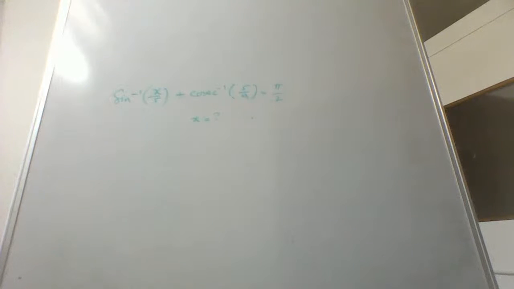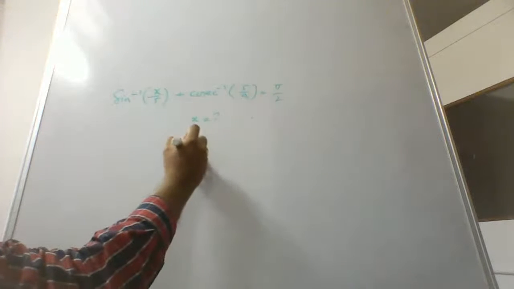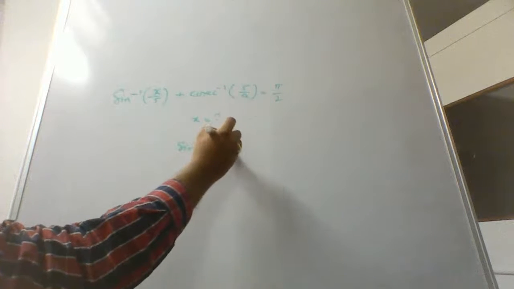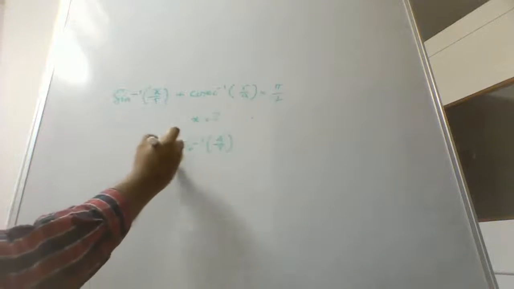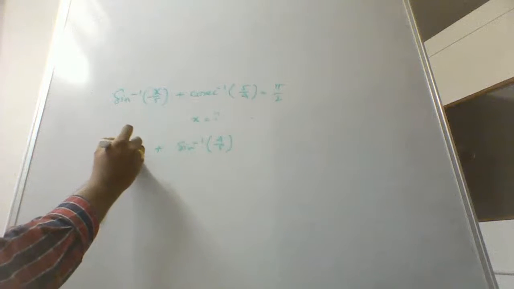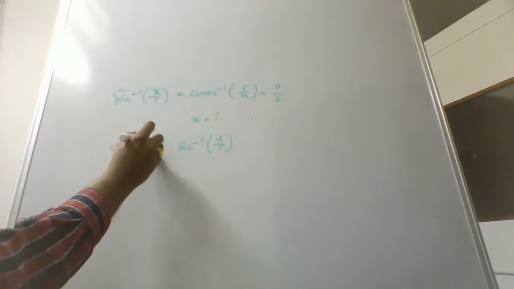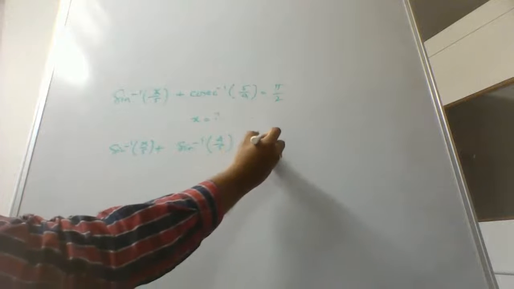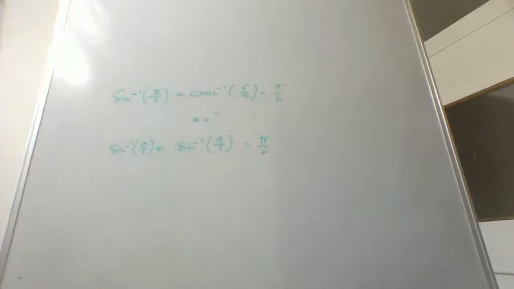Now cosecant inverse of 5 by 4 can be written as sine inverse of 4 by 5, plus this sine inverse of x by 5, which is pi by 2.